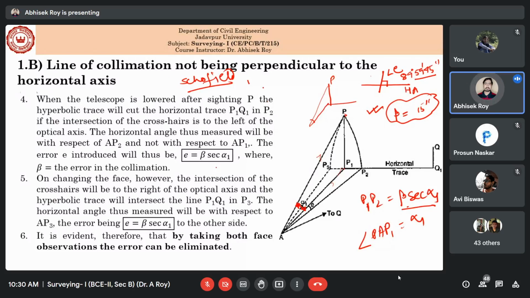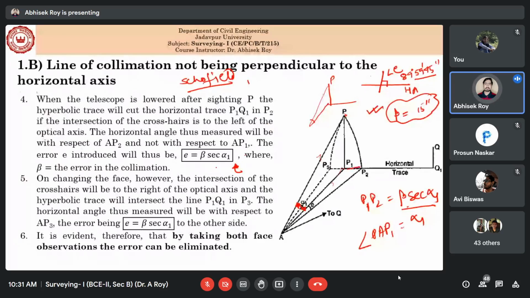Nowadays, theodolite is even becoming obsolete. You are going for a higher grade of instrument. So you should ideally know what kind of error it is and how this error should be minimized, not going into the details of this derivation. That is not needed. Okay.